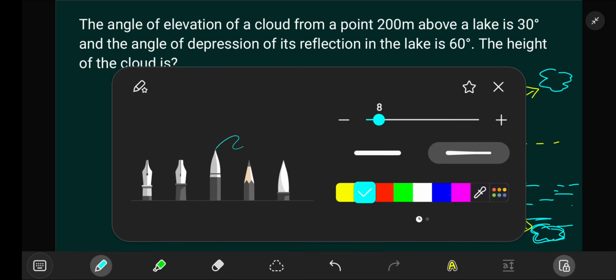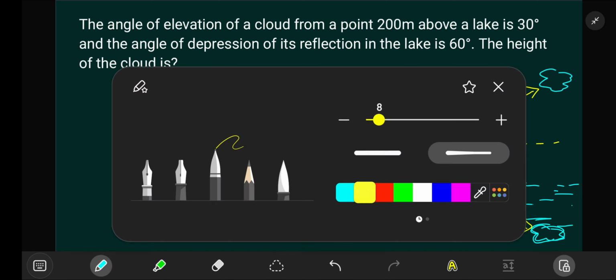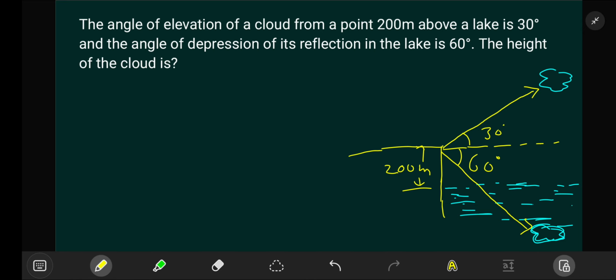As we know, the height from the surface of the lake to the surface of the land is 200 meters.